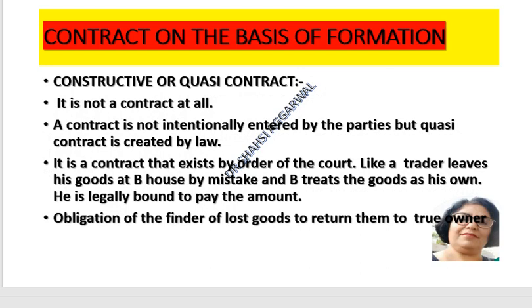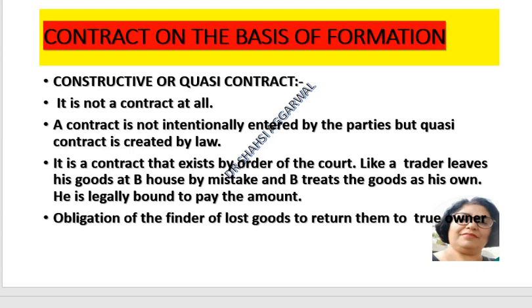It is a contract that exists by order of the court, like a trader who leaves his goods at B's house by mistake, and B treats the goods as his own. He is legally bound to pay the amount. Here, it is the obligation of the finder of lost goods to find the true owner and return the goods to the true owner.